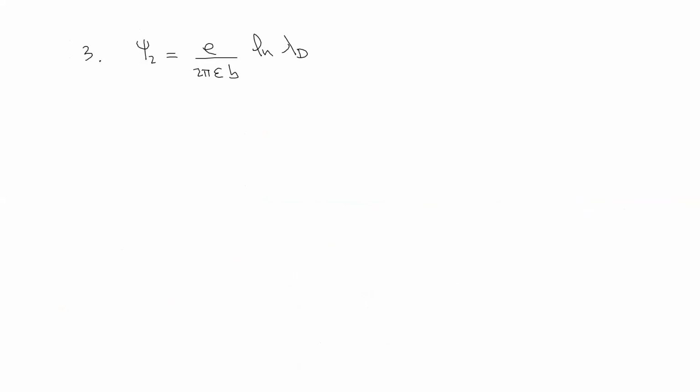Now, this is the argument of Manning. Manning introduces the work needed to bring the counter-ions from their equilibrium distribution to the situation in presence of the polymer chain. You already did that calculation for gravity.